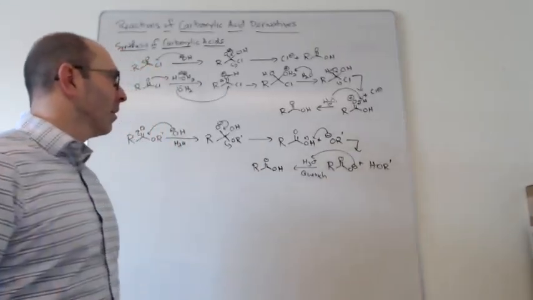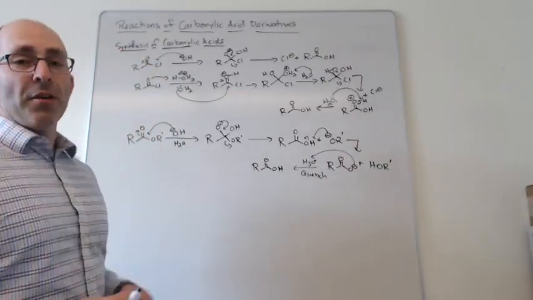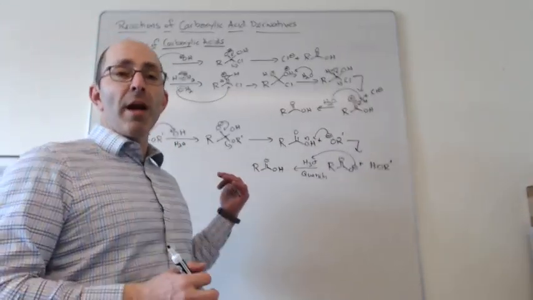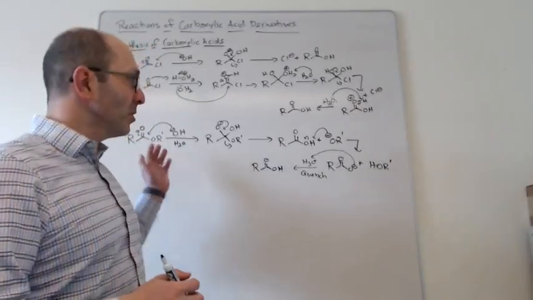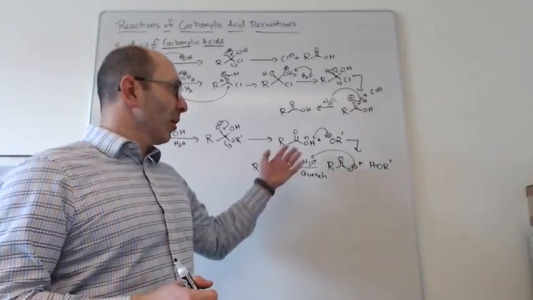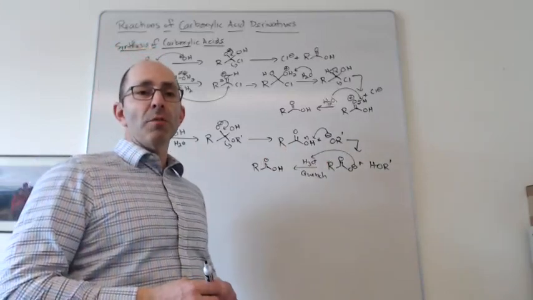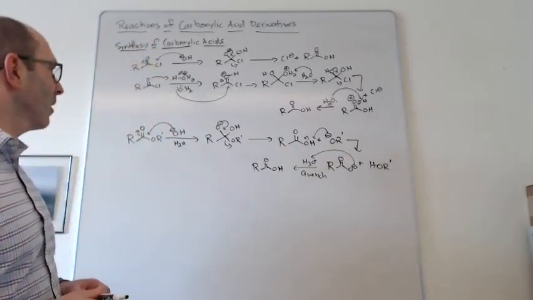Okay, and doing that same reaction, basic conditions, for an amide, it's going to look just the same. We're going to have nitrogen as a leaving group instead of oxygen, but it'll look exactly the same, right?